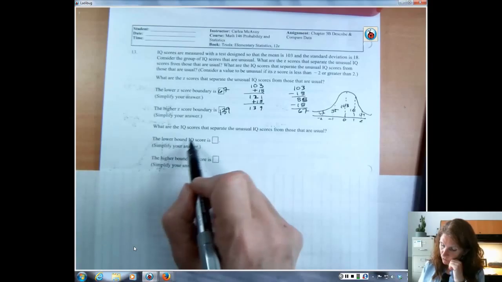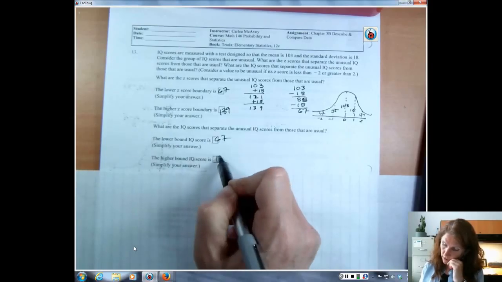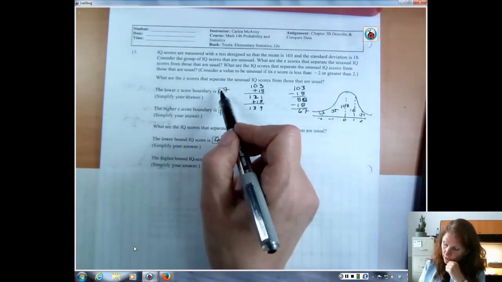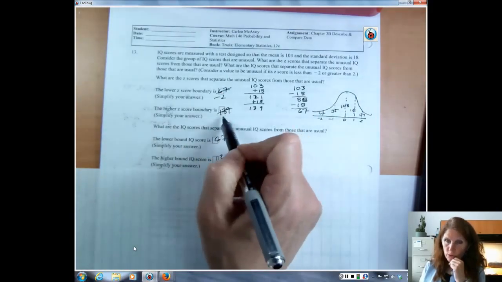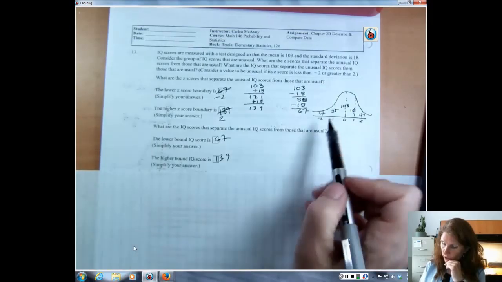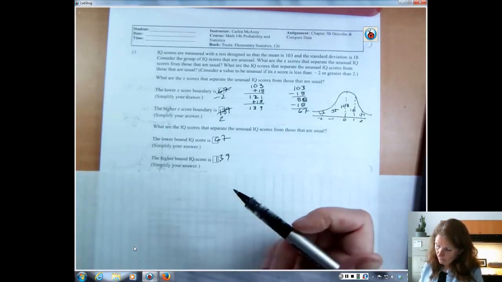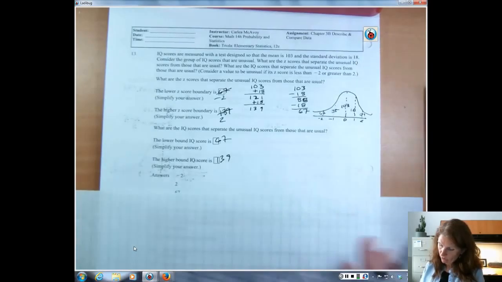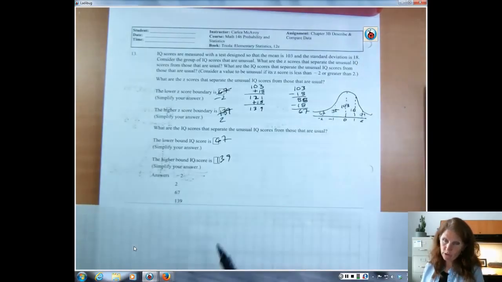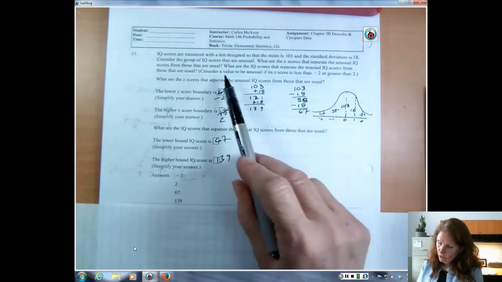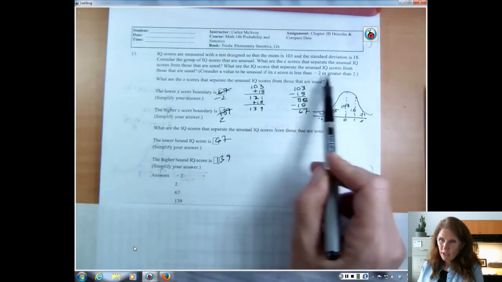The IQ scores are 67 to 139. The lower z-score boundary is -2, and the upper z-score boundary is 2. I showed you that over here, but I didn't answer that question correctly. All right, and then that's where they're getting -2 and 2, and then 67 and 139. So they already told you the z-score, so that kind of already gave you the boundaries.